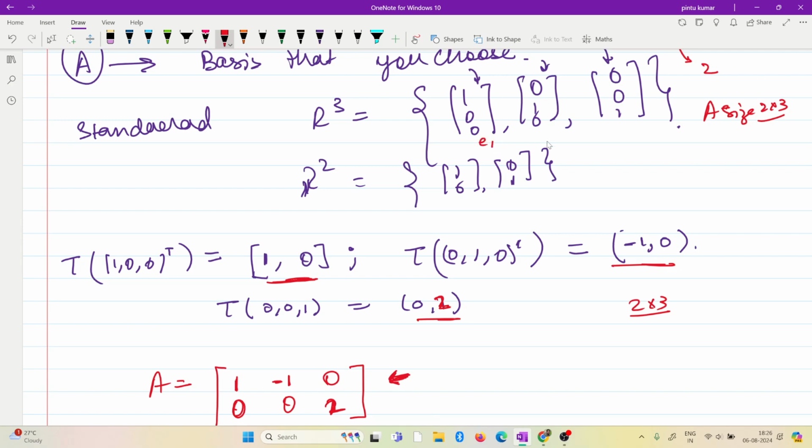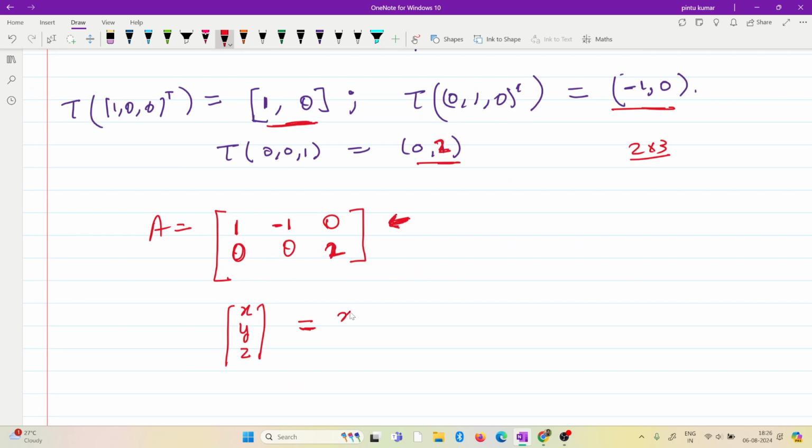Let's call these E1, E2, E3. Then you can write it as x times E1, where E1 is a vector, plus y times E2 plus z times E3.